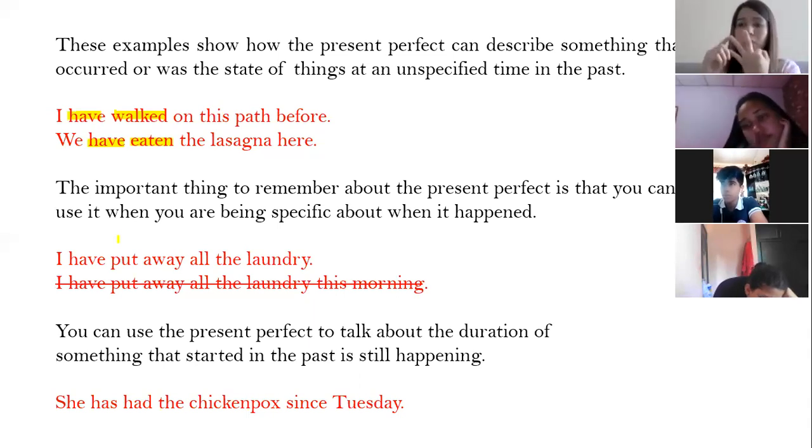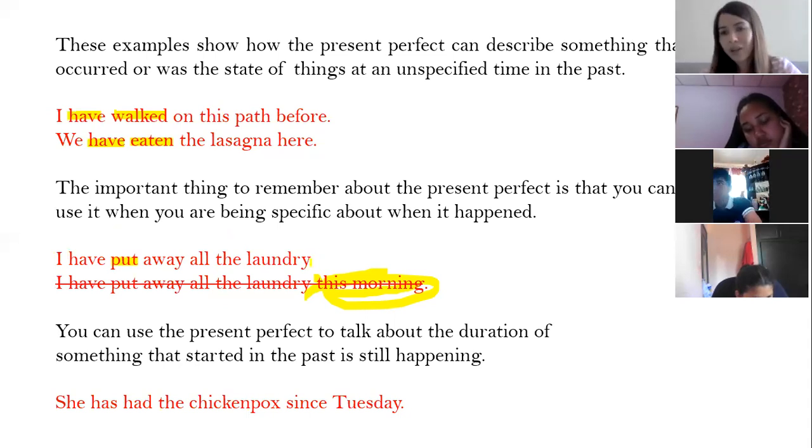Put para presente, put para pasado y el pasado participio también es put. So, lo reconocemos. I have put away all the laundry. Esta es la manera correcta de decirlo. Un error frecuente es decir, I have put away all the laundry this morning, okay? It's not necessary to say when. Just say you have put away all the laundry, okay? Here, ya se sobreentiende que es algo que ya ha ocurrido. No hace falta dar estos otros detalles.